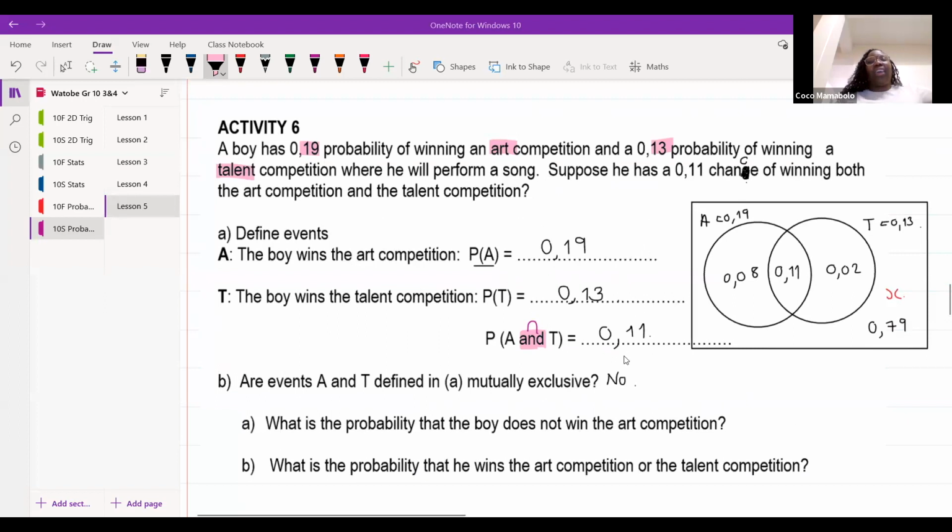Okay, it says here, what is the probability that the boy does not win the art competition? The probability of not art, or art complement. What would the complement of art be, guys?